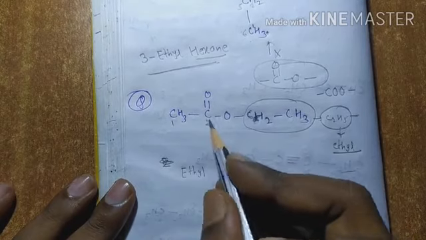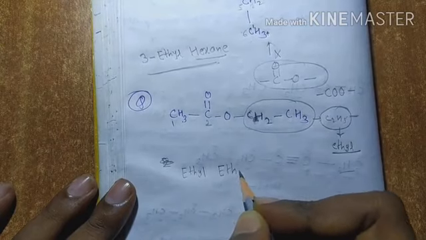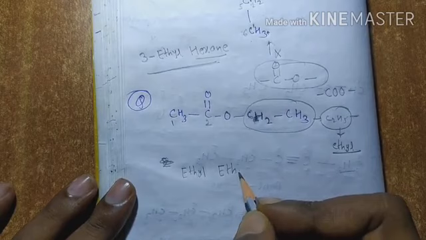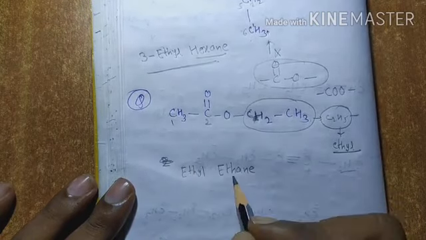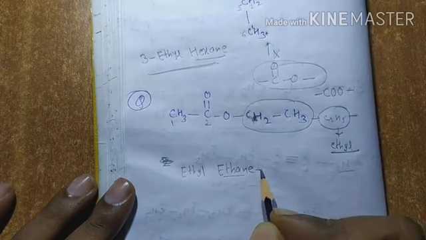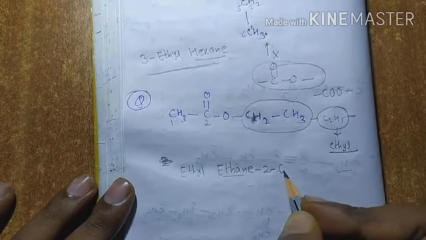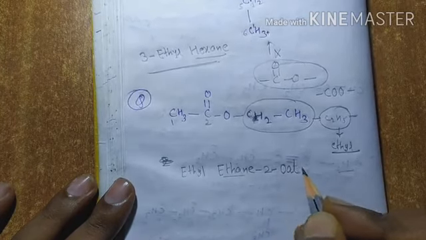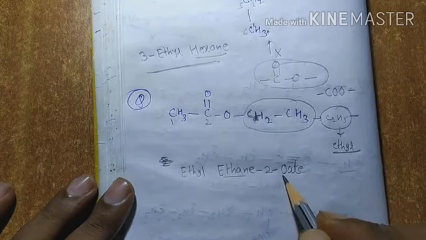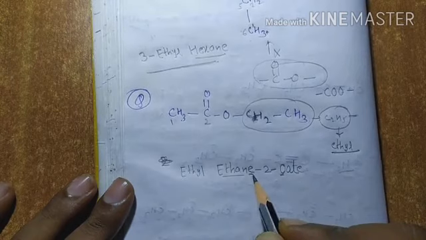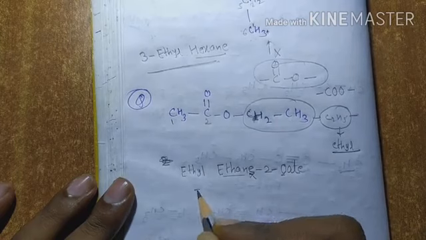The number of carbon is 2, so we will write here ethane. Before the 2 carbon atoms we will write ethane. Then we will use the suffix oate, O-A-T-E. But you can see this is a vowel here and here is also a vowel, so we have to drop this A. So its final name will be ethyl ethanoate.